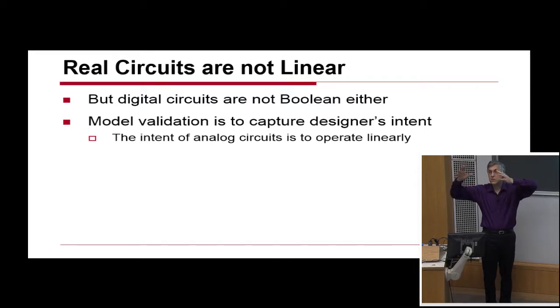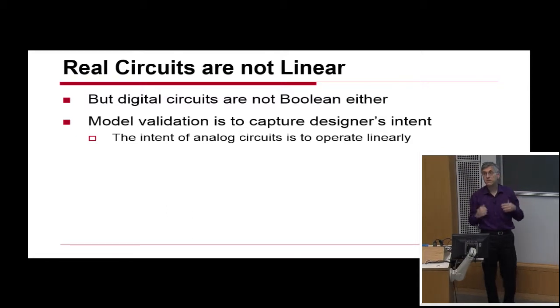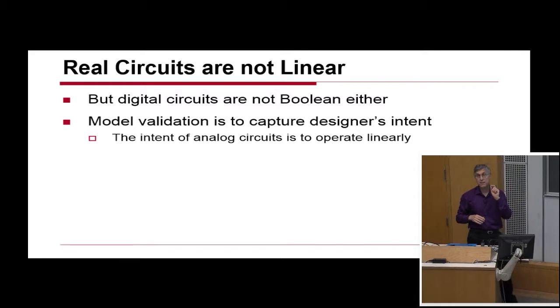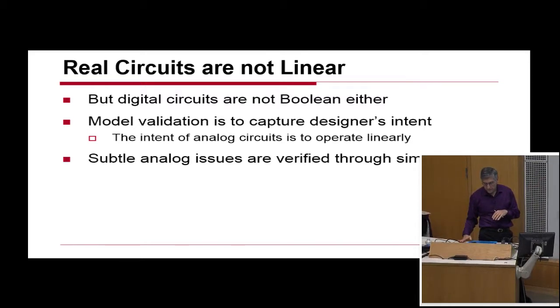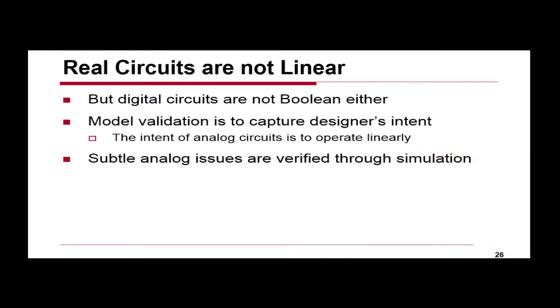If the specs are linear over some range, remember we have constraints. Piecewise linear, we can have multiple slopes. We can specify the function to the fidelity that we need to validate the overall system operation. Subtle analog issues are still going to be done by simulation at the small block level.